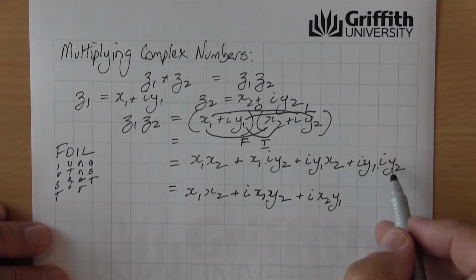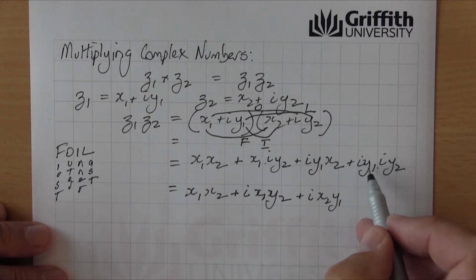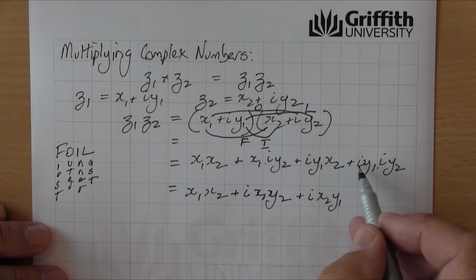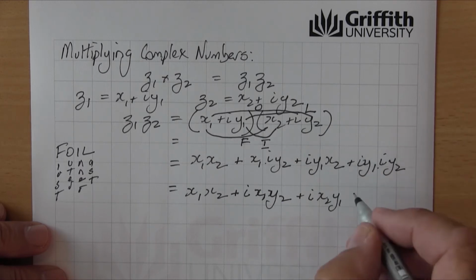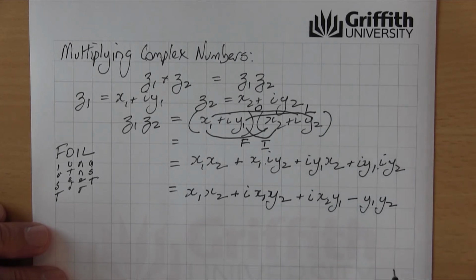Now this needs a little bit more attention, because we can put the i times i and get i squared, and as you know, i squared is equal to -1. So i times i being i squared, -1, that positive becomes negative, and we get y1 y2.